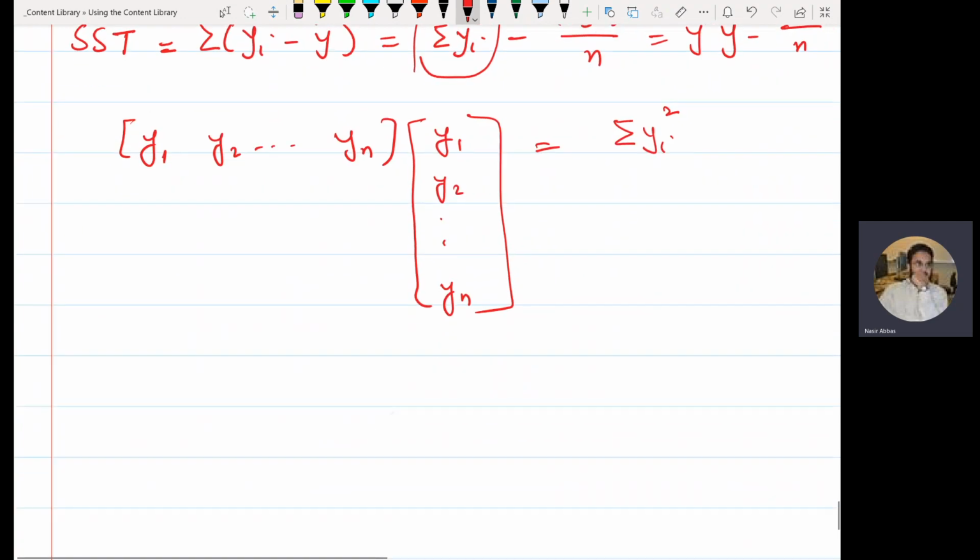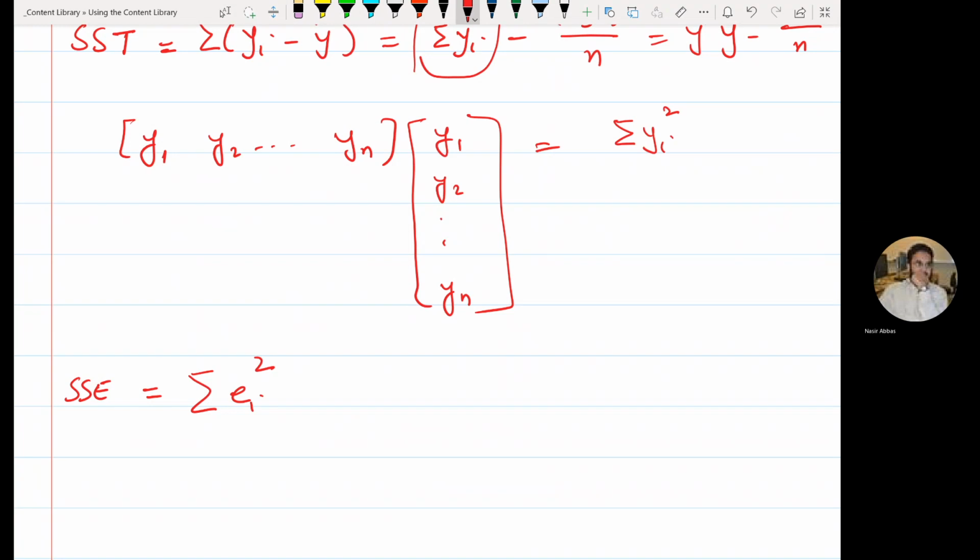Then I start talking about SSE. The formula of SSE comes from the name: sum of squares of errors. This summation ei square can also be written as e prime e, in the same spirit as I wrote y prime y as summation yi square.